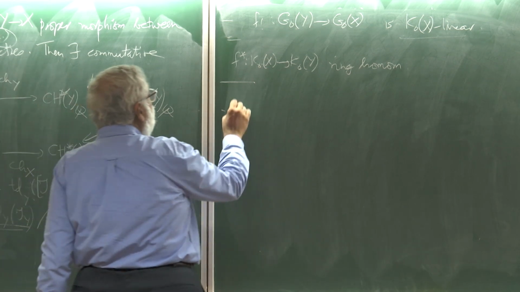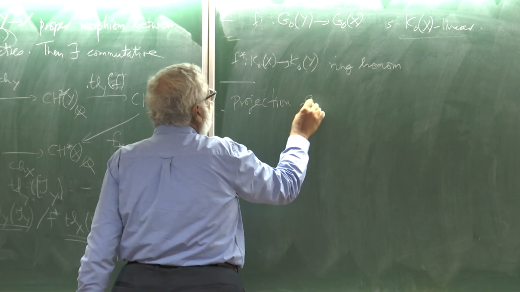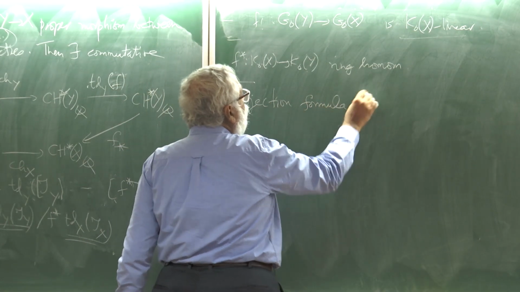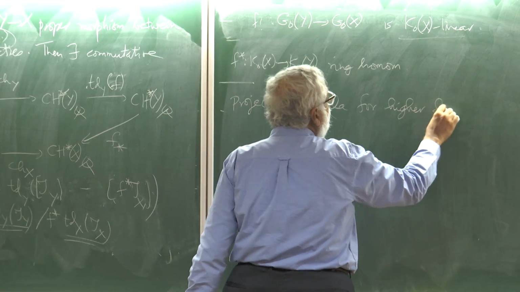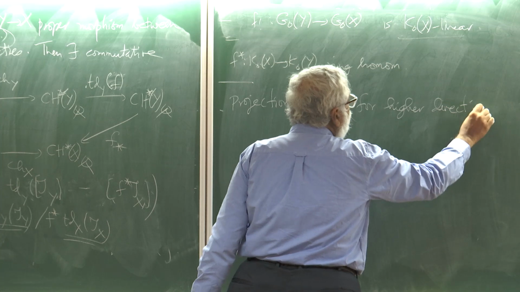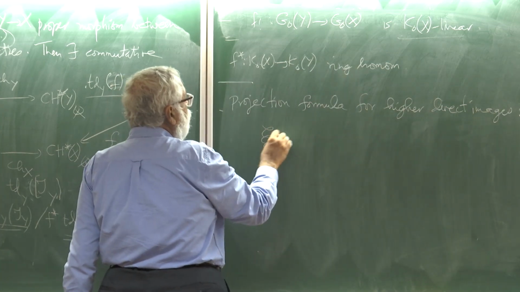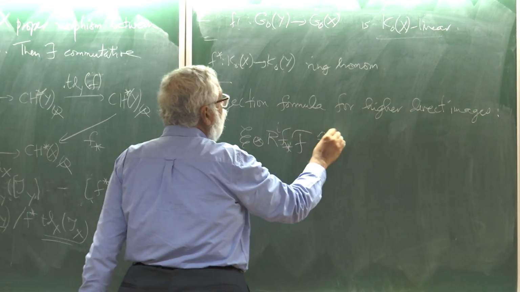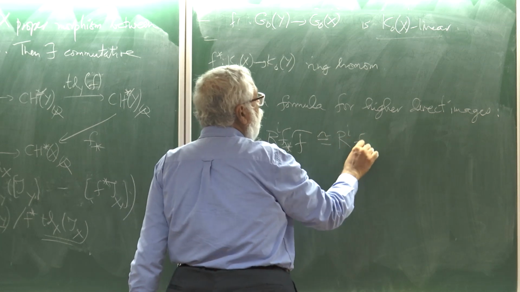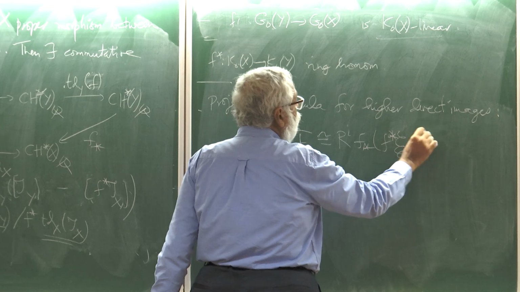The reason is what's called the projection formula for higher direct images. That says that if you take E tensor Rⁱf lower star f, this is naturally isomorphic to Rⁱf lower star of f upper star E tensor f.